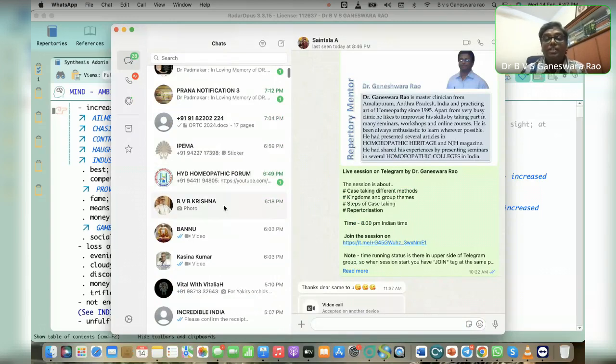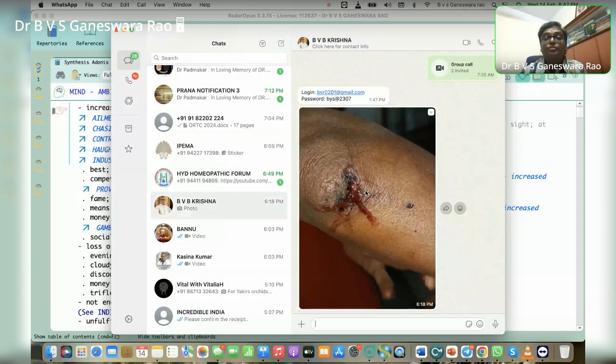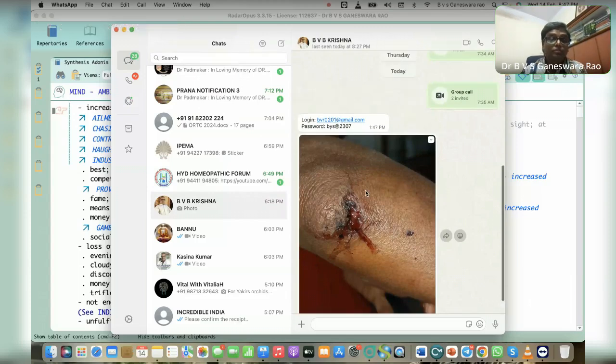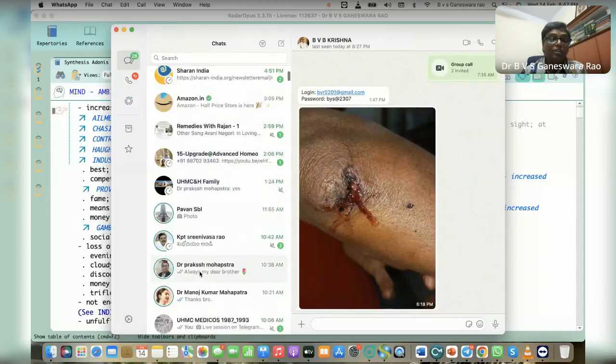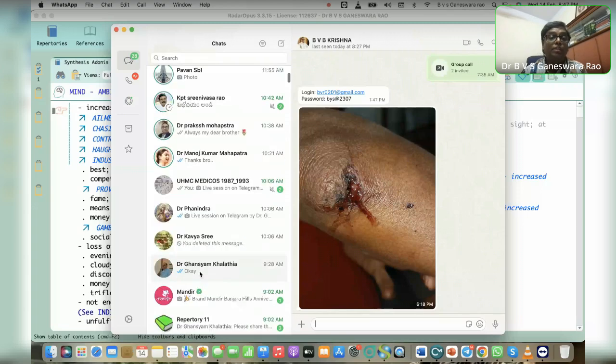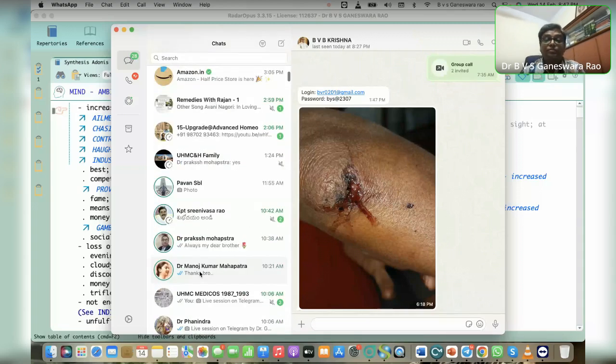So this was the case where an elbow injury happened. Just to show you how we can deal with the repertory in a convincing way.